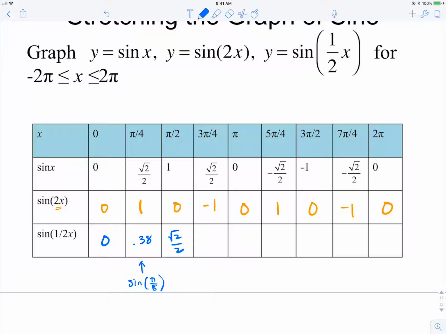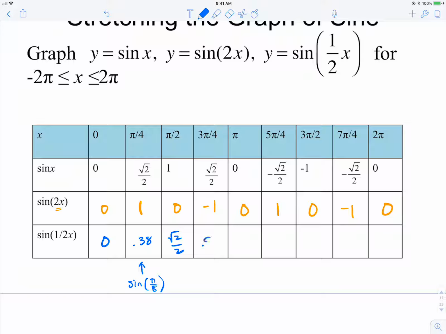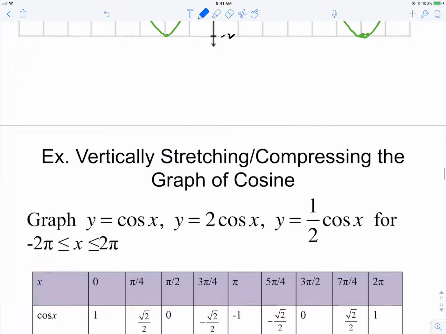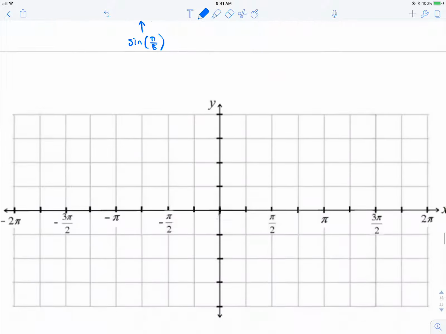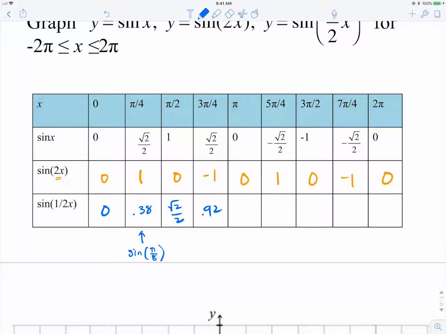Again, I have to type that into my calculator because we cannot evaluate sine for 3 pi over 8. That's not an angle on the unit circle. So we get 0.92. And then we'd end up with sine of pi over 2, which is 1. And the graph will come back down.